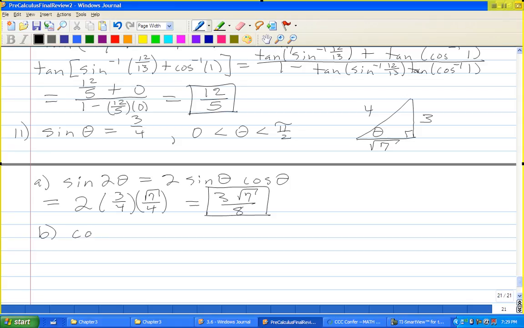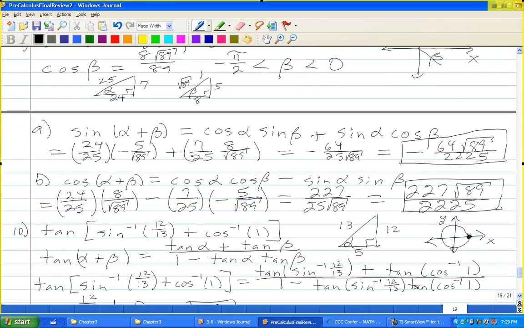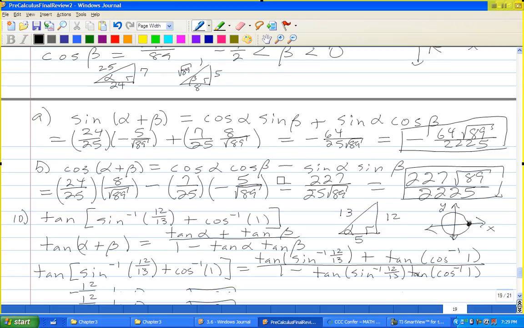Cosine of 2 theta is cosine squared theta minus sine squared theta. If you just plug in, oh, there it is, alpha and beta equaling to theta.